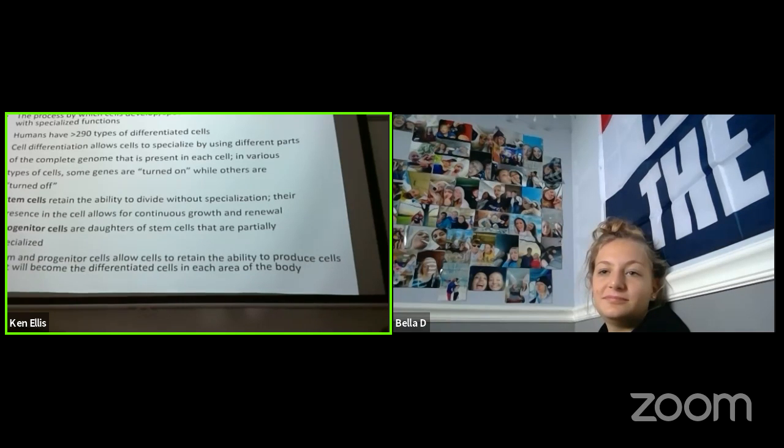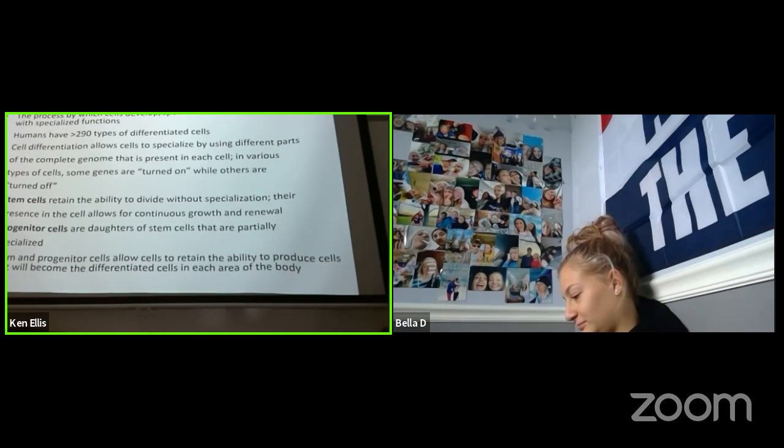But they now differentiate or specialize, and they start looking like what they're supposed to be. Y'all hear what I'm saying here? That's differentiation. It says here, we humans have about 290 types of differentiated cells. That's all, just 290. Okay? Cell differentiation allows cells to specialize by using different parts of the complete genome that is present.